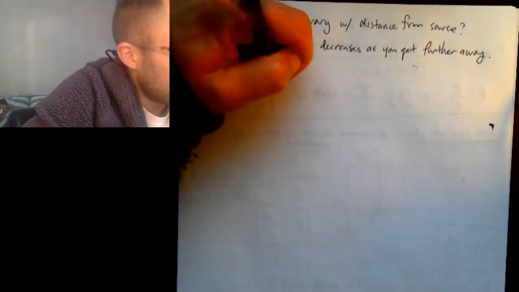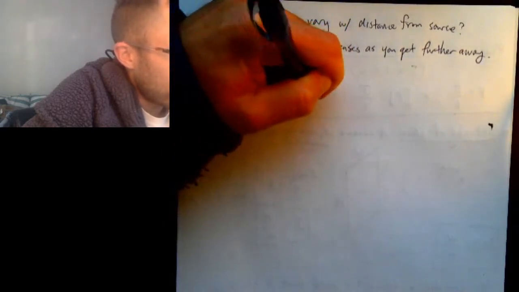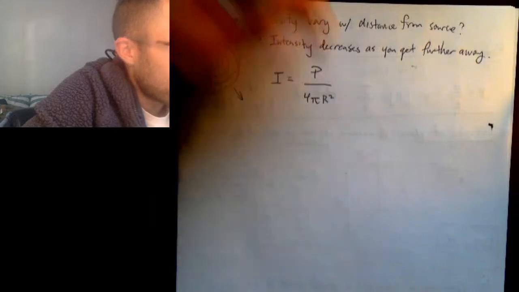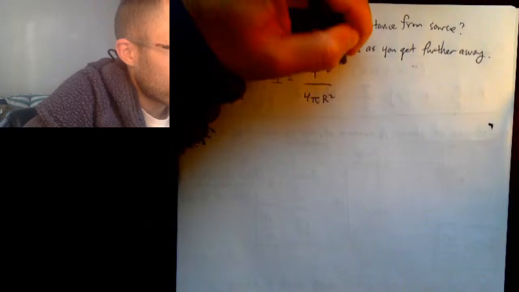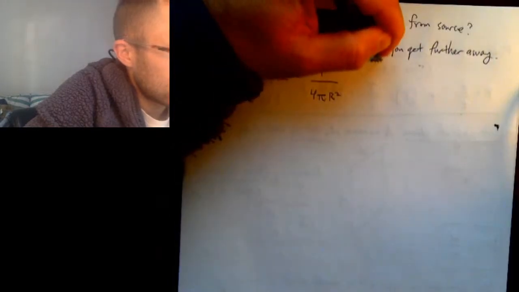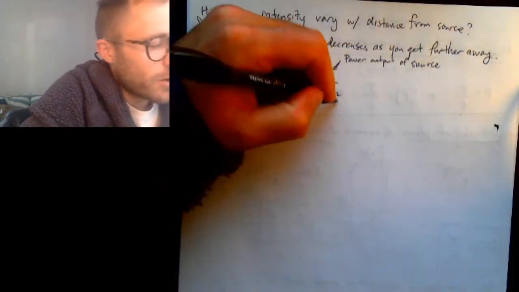It says that the intensity is power divided by 4 pi r squared, where P is the power output of the source, and R is the distance from the source.